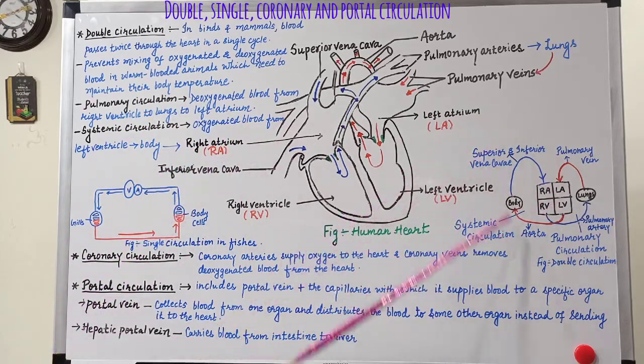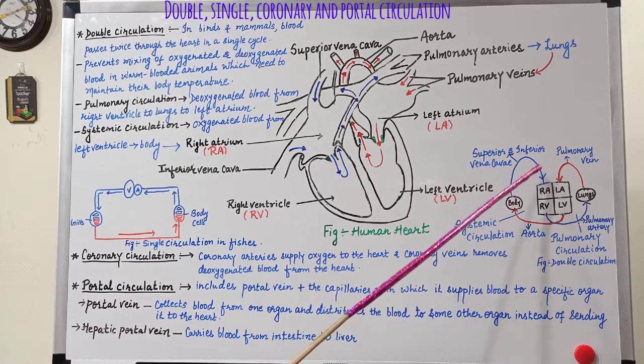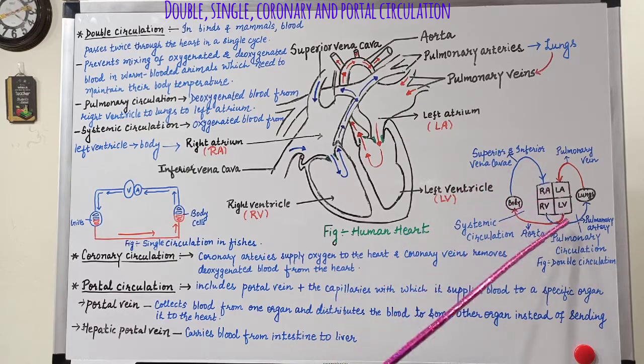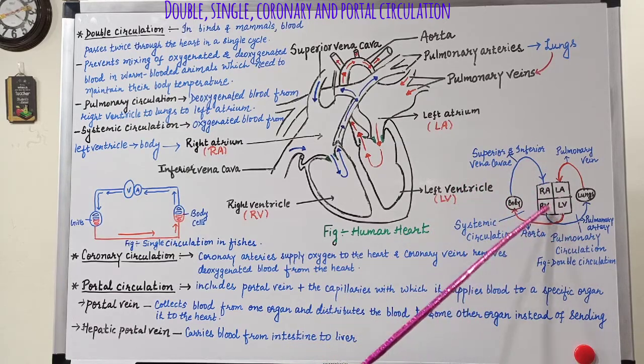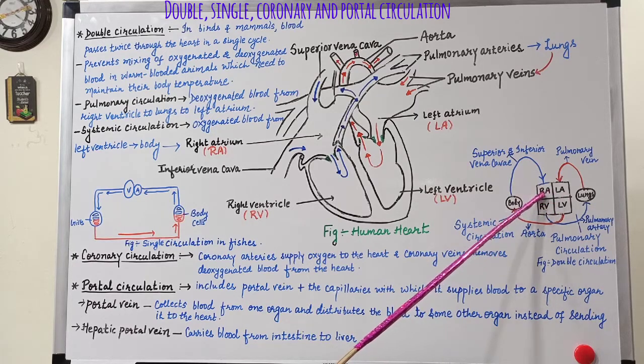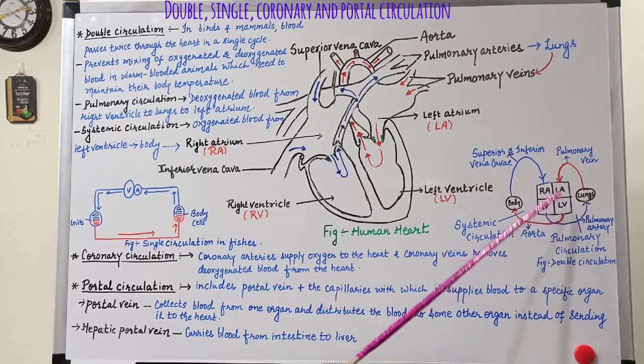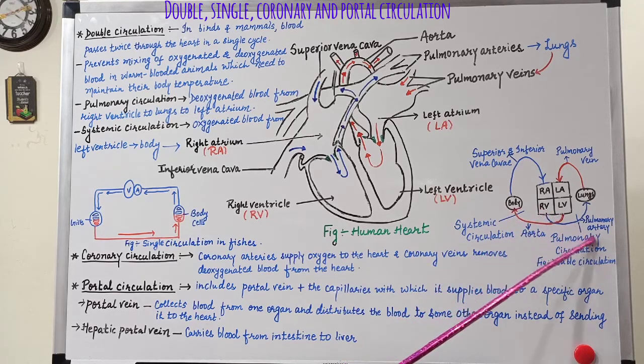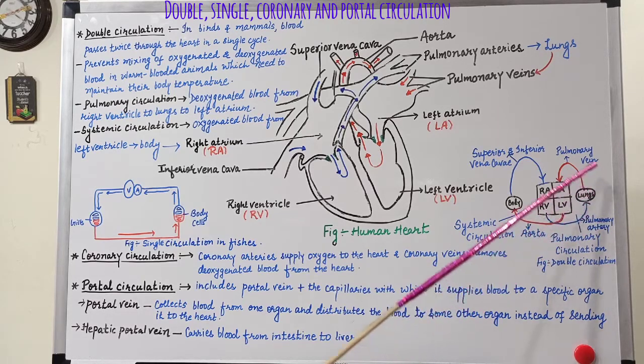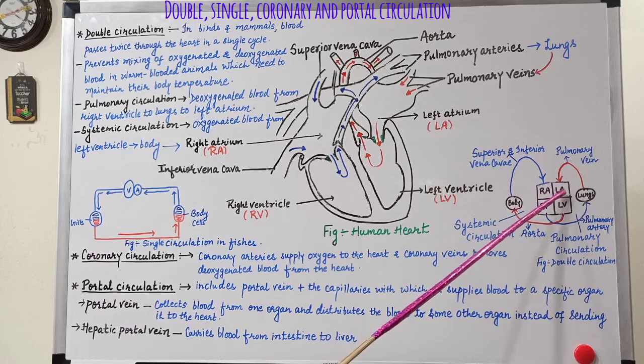So, if you want to show it, I have shown it simply like this. Pulmonary circulation means blood goes from right, I have denoted the right ventricle as RV, right auricle as RA, left auricle as LA and left ventricle as LV. So, in pulmonary circulation, the blood moves from the right ventricle through the pulmonary artery to the lungs and through the pulmonary veins to the left auricle.